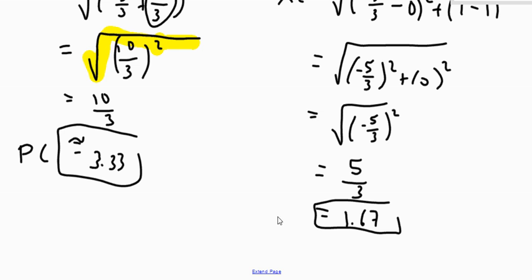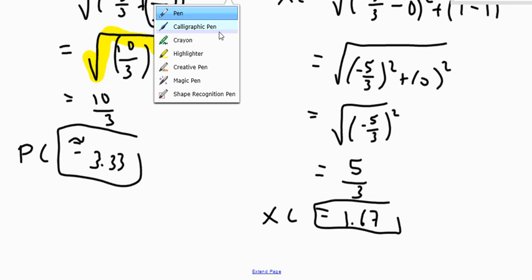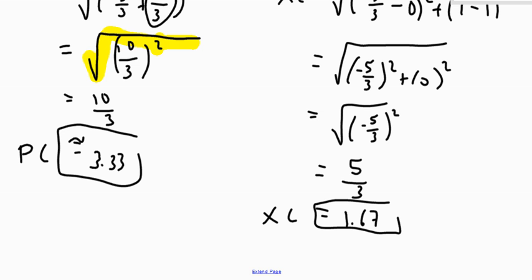Now if you compare my two answers, you can clearly see that 10 over 3 is twice as big as 5 over 3. Or on your calculators, you could confirm that 3.33 is pretty much double 1.67.